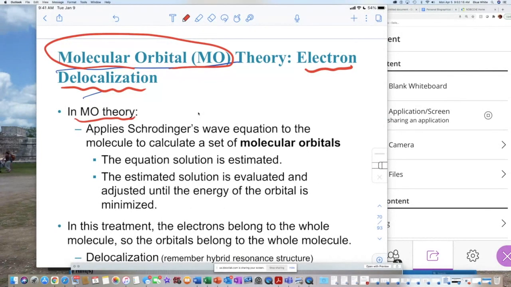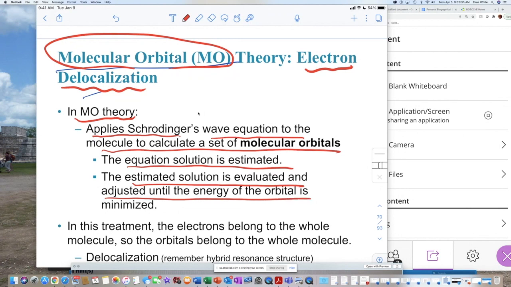molecular orbital theory, when we apply Schrodinger's wave equation to the molecule to calculate the set of molecular orbitals, what we see is, first of all, the solution to the equation has to be estimated. And the estimated solution is evaluated and adjusted until the energy of the orbital is minimized.